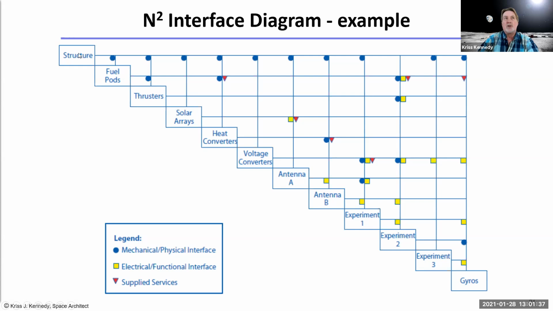So if you follow the structure connection here, all the way back over to the gyros, you can start to follow the connection, and you can follow the connection between structure and solar arrays, structure and voltage converters, etc. And then in each one of those boxes, you can identify that connection. What kind of interface? Is it a mechanical interface? Is it an electrical interface? Something else?